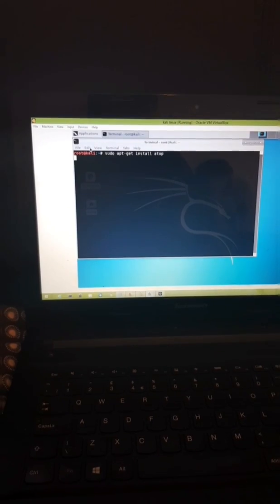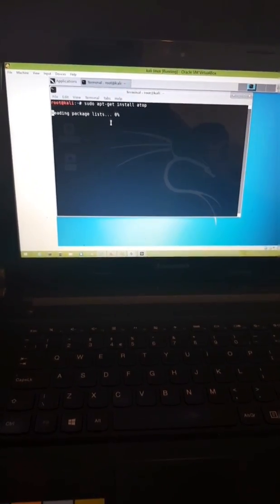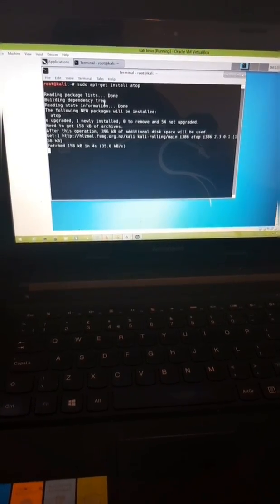We do so by typing sudo apt-get install atop, enter. So we'll wait while it gets atop installed on the Kali Linux.